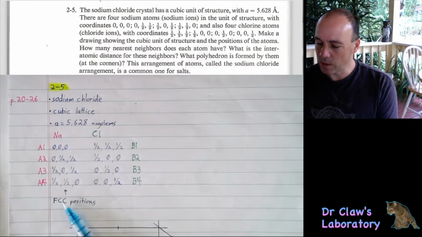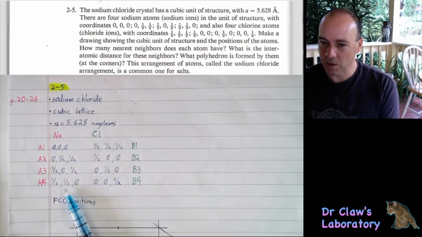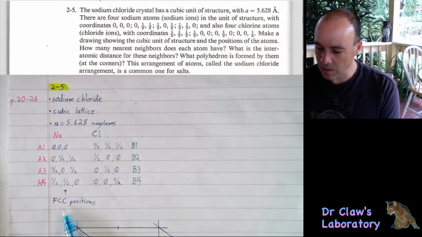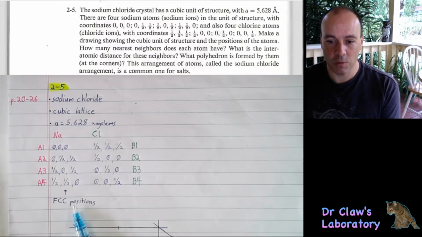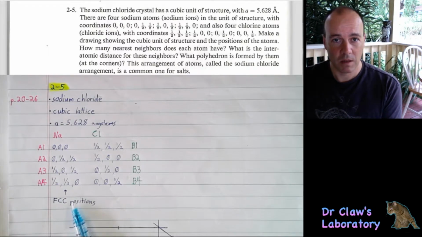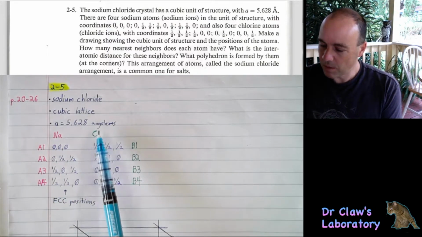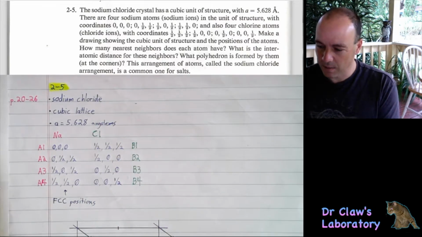The 4 sodium cations have their respective positions within the unit cell. And I'll make a note that these are the same positions given in the textbook for the face-centered cubic arrangement, which is the cubic closest packing arrangement. The chlorides have their positions throughout the cell.